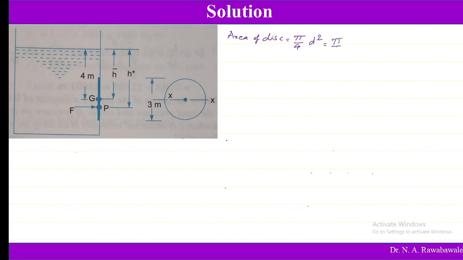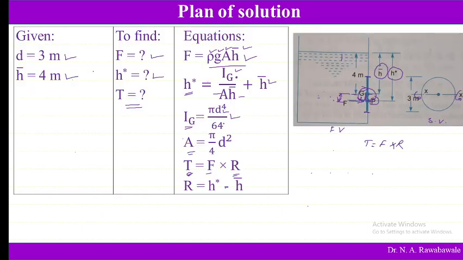Pi by 4, d is the diameter of the disk, which is 3, squared. So the area of this disk is 7.0685 meter square. As area is known to us, we can find out Ig. If we know Ig, then we can find out F and H star.